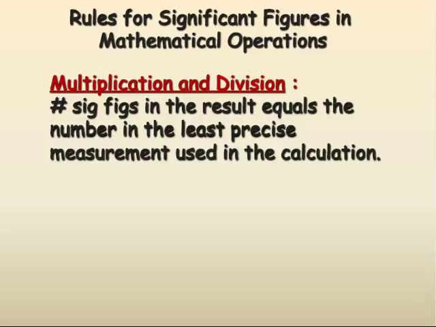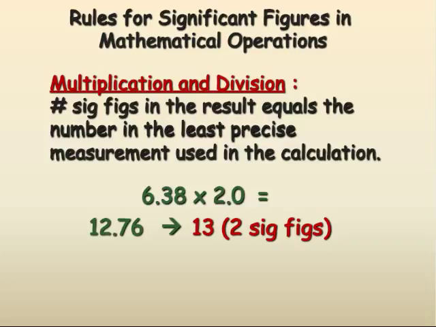So whatever number has the fewest number of significant figures, you use that number of significant figures when reporting your answer. For example, if I multiply 6.38 by 2.0, the calculator is going to tell me 12.78. But I want to use the 2 significant figures from the 2.0, so I'm actually going to have to round this up to 13 so I can have the 2 significant figures that were used in this 2.0.